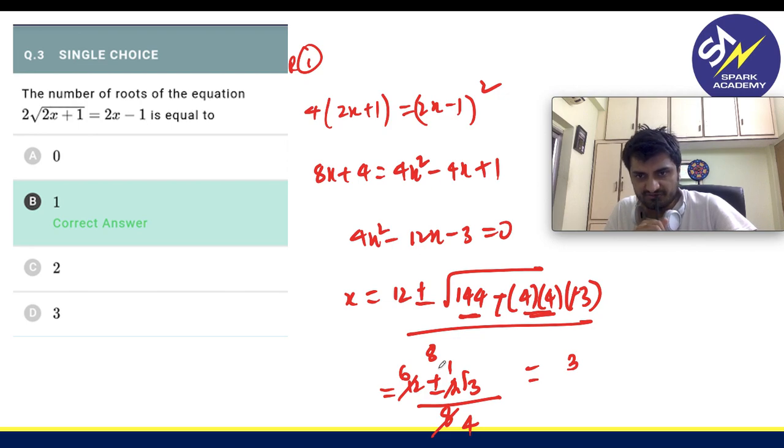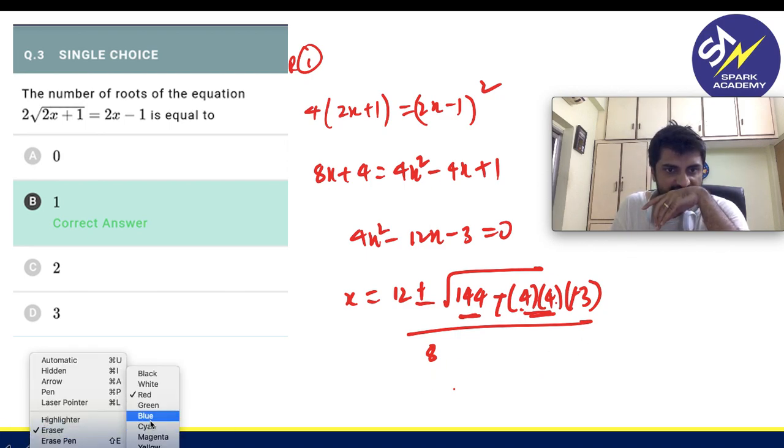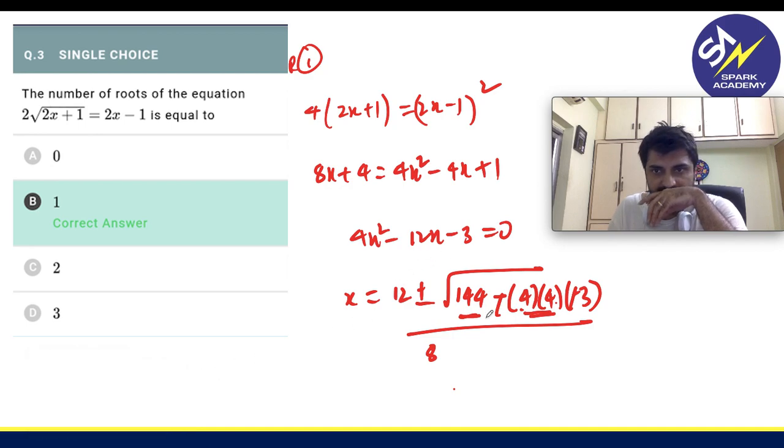Three plus or minus, okay, let's do the calculation once again. Minus b is minus of minus 12, which is plus 12, plus or minus under root of b square, which is 144, minus 4 into 4, 16 into 3 is 48. 144 plus 48 is 192, right?